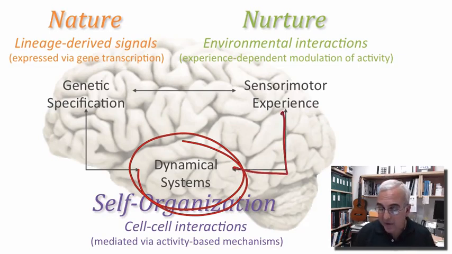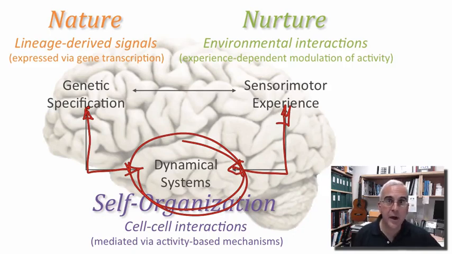And this very likely is going to alter the way these ongoing patterns of activity are shaped by interactions with the environment. Likely, these dynamical systems will fluctuate and have an impact on the expression of genes, perhaps the expression of genes that have been dormant since the early days of embryogenesis.